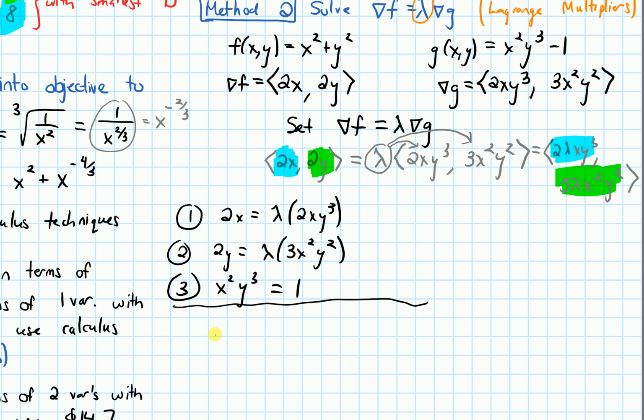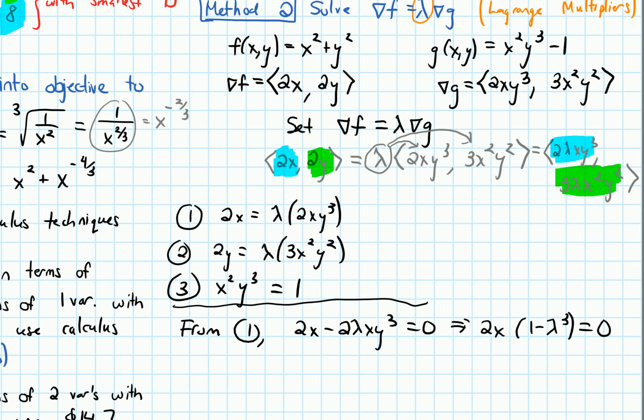Let's begin with equation 1. If we rearrange this, we get 2x minus 2 lambda x y cubed equals 0. If I factor out 2x, we get 2x times 1 minus lambda y cubed equals 0.